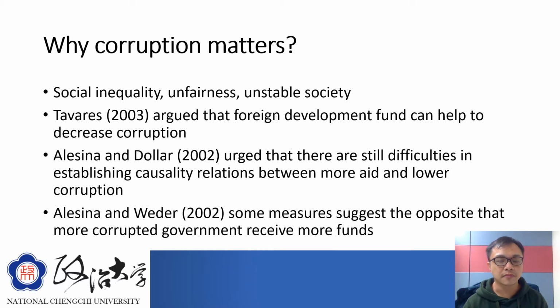So why does corruption matter? Of course, if someone is doing corruption, it creates a lack of trust within society. It's not money per se, but this perception of lack of trust, inequality, and unfairness, which all point to an unstable society.